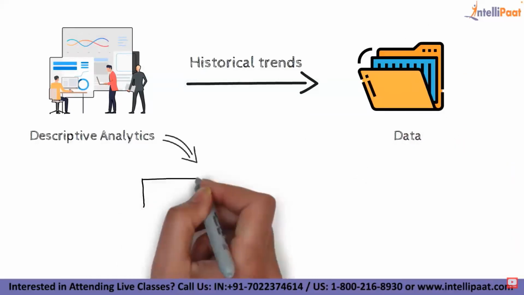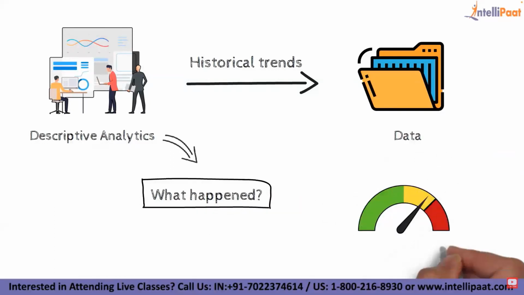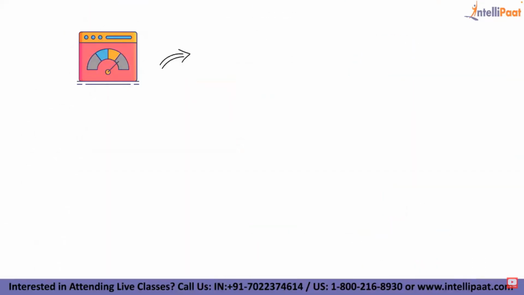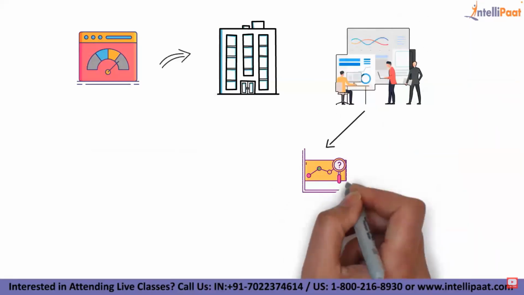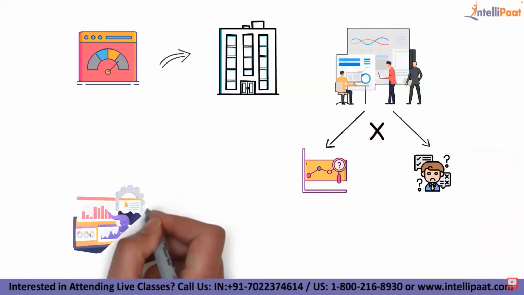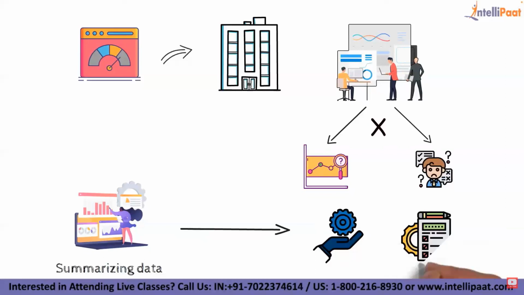Descriptive analytics aims to answer the question, what happened? This often involves measuring traditional indicators such as return on investment. The indicators used will be different for each industry. Descriptive analytics does not make predictions or directly inform decisions. It focuses on summarizing data in a meaningful and descriptive way.